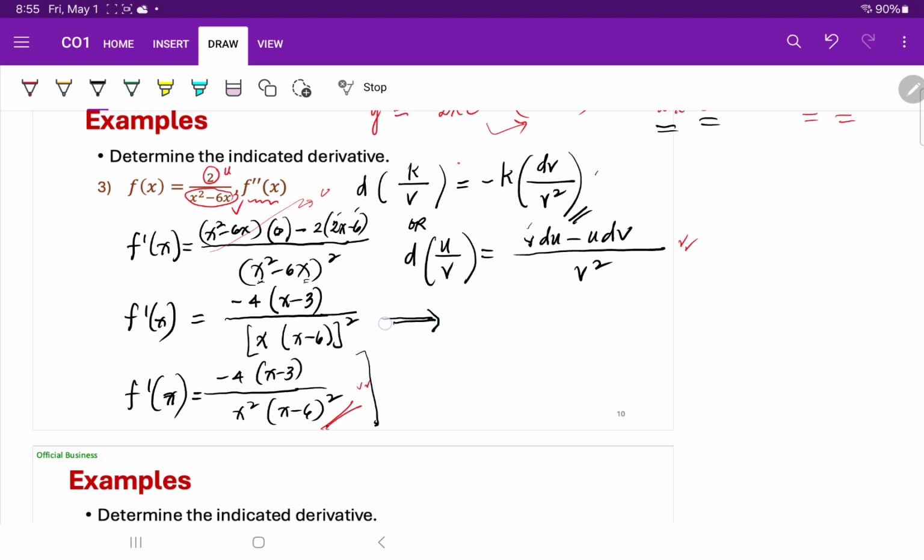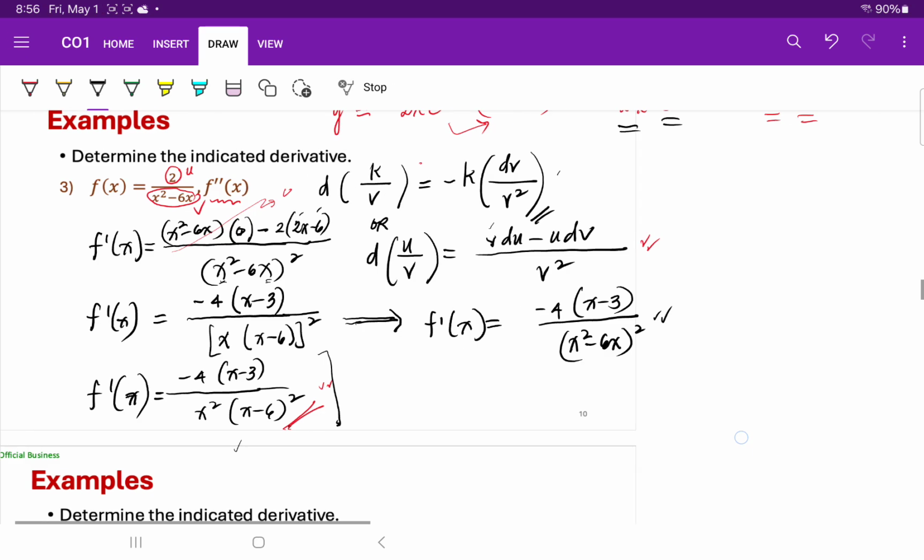Okay, kasi you can proceed to this first step. f prime of x is negative 4 times x minus 3 over (x squared minus 6x) squared. For me, it's easier to differentiate this one rather than this one. Because for this one, you'll be using quotient and then in the denominator, you have to use product. But if it is of this form, you also have to use quotient, but in finding the derivative of x squared minus 6x, you just have to use here u to the n.